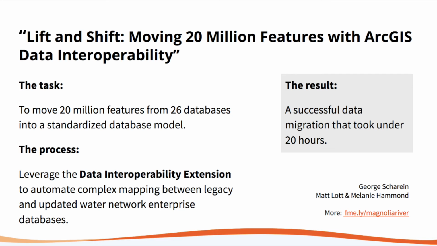So that's a lot of disparate data that needed to be pulled together. The Magnolia River Services GIS team was leveraging the Data Interoperability extension to automate the complex mapping between those legacy systems and an updated water network enterprise database.